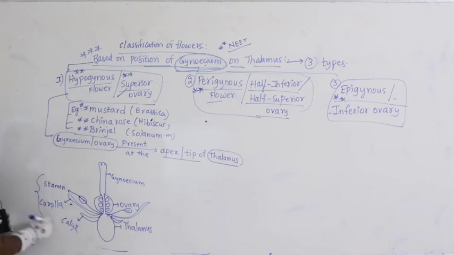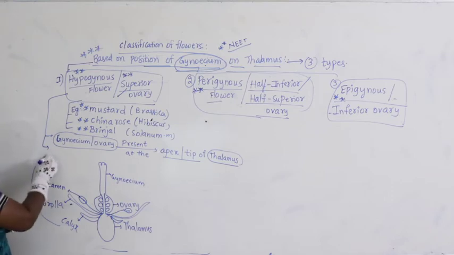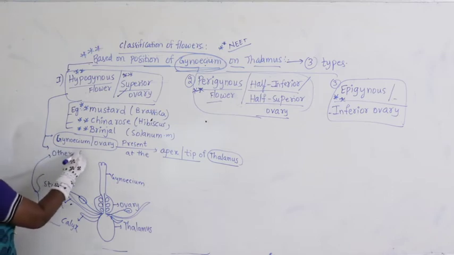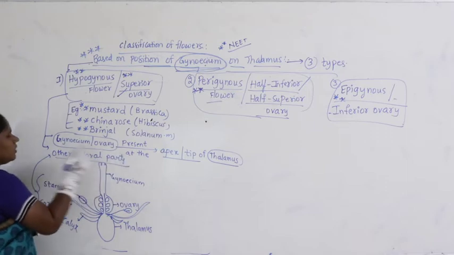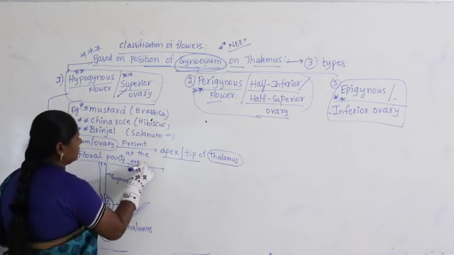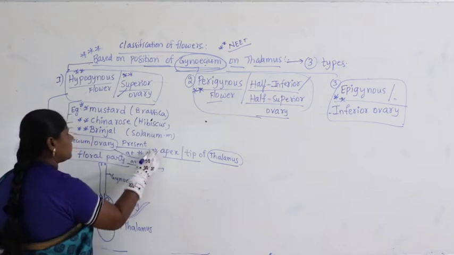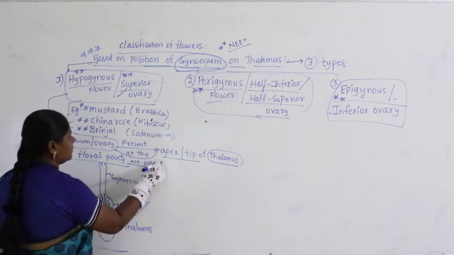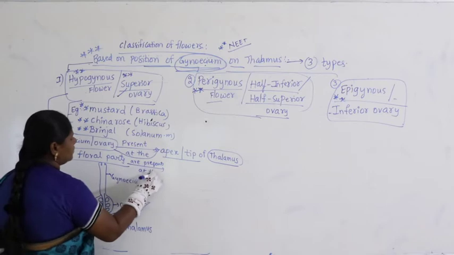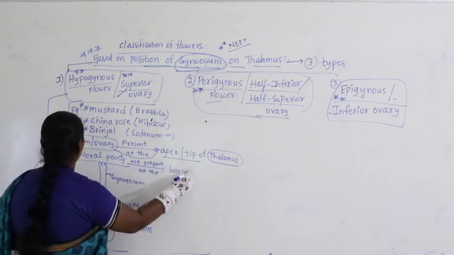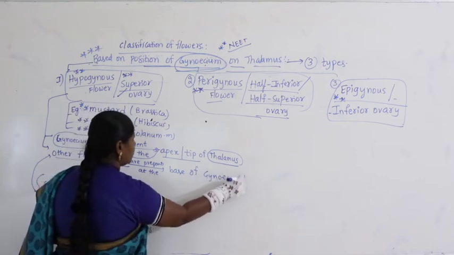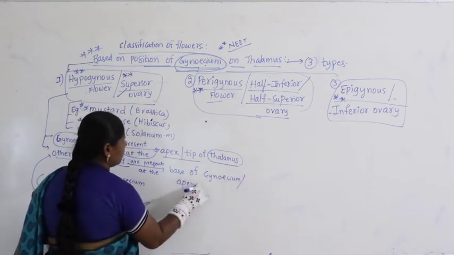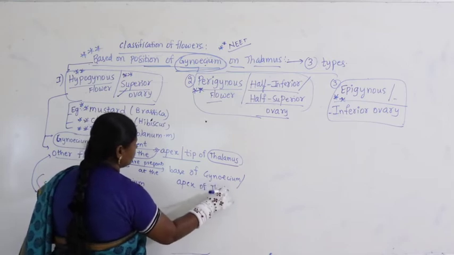So, all these come under other floral parts. Let me write here. These three come under other floral parts. Other floral parts are present at the base of the gynoecium, or that can also be taken as the apex of thalamus.